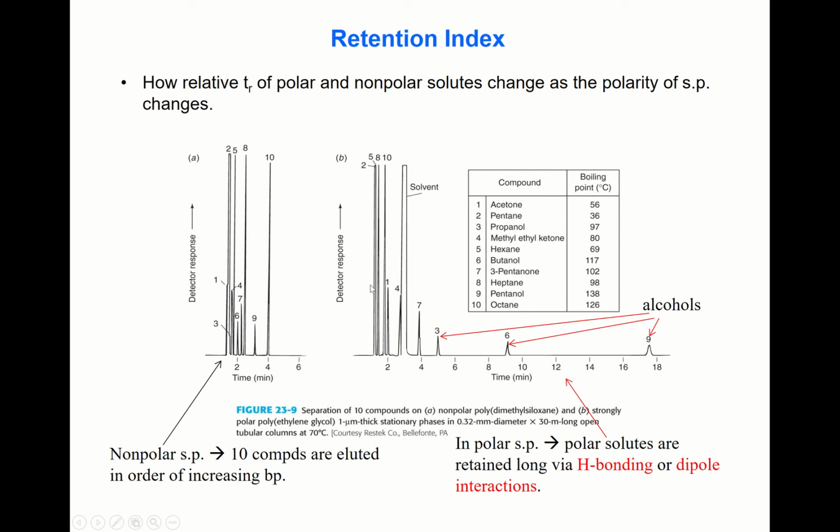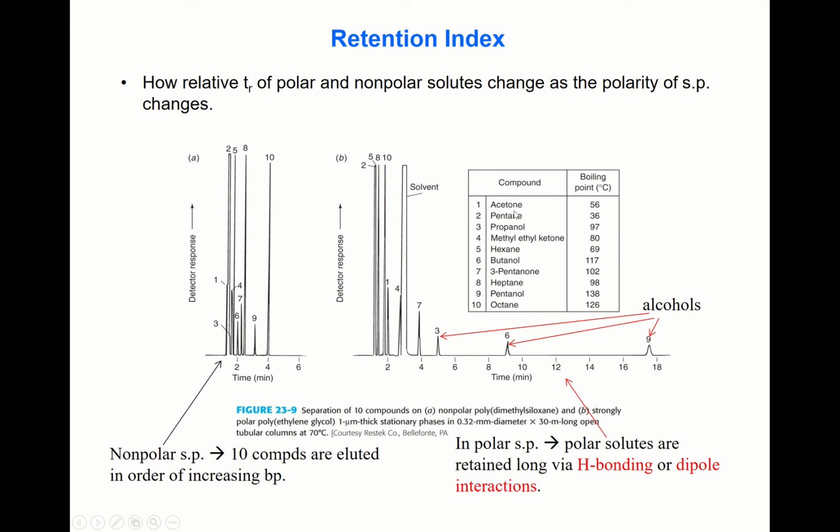So when you use a polar stationary phase, polar solutes are retained long via hydrogen bonding or dipole interactions. For example, with propanol, butanol, or pentanol and this polyethylene glycol stationary phase, there is hydrogen bonding. But what about the acetone?